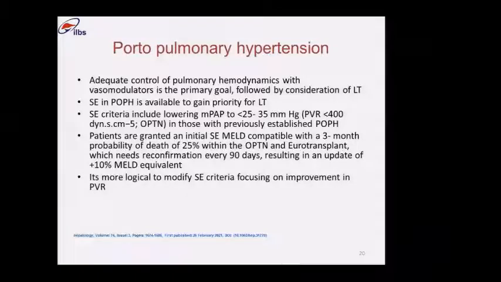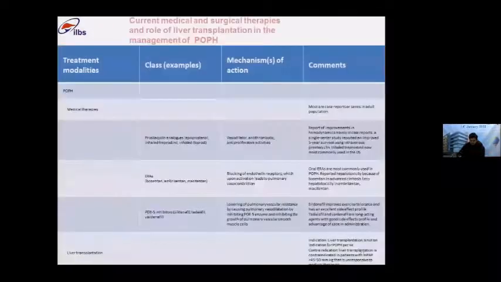In those with previously established POPH, patients are granted initial standard exception with a 3-month probability of death of 25% or equivalent in OPTN as well as Eurotransplant centers, which has to be reviewed after 3 months. But it is more logical to modify standard exception criteria focusing on the improvement in pulmonary vascular resistance rather than the absolute values of mean pulmonary artery pressure.